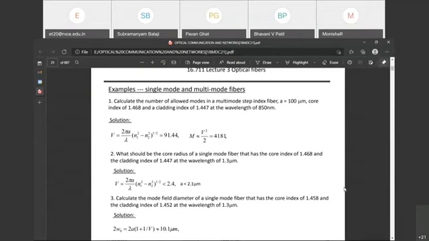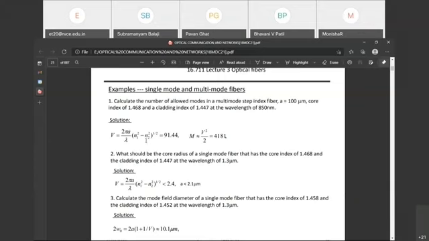This n1 square minus n2 square raised to the power of 1 by 2 is called the numerical aperture, in terms of the refractive index. In terms of acceptance angle, it is sine of theta max. And you also have delta: root 2 delta is your numerical aperture.